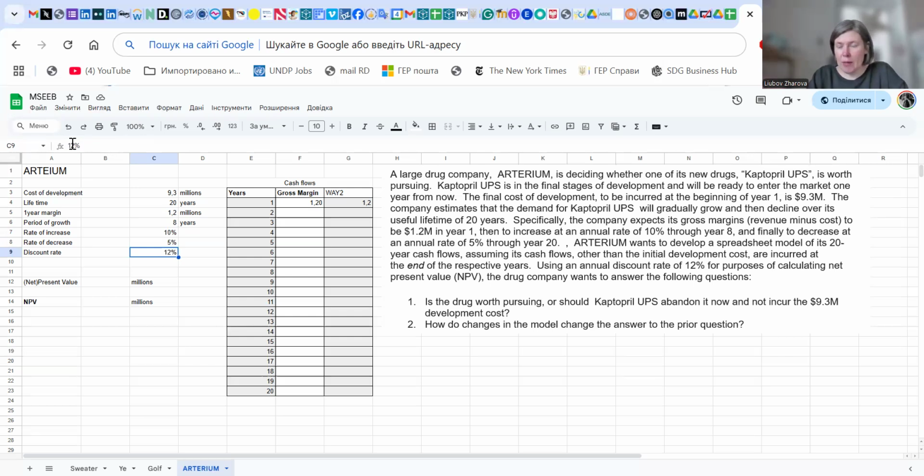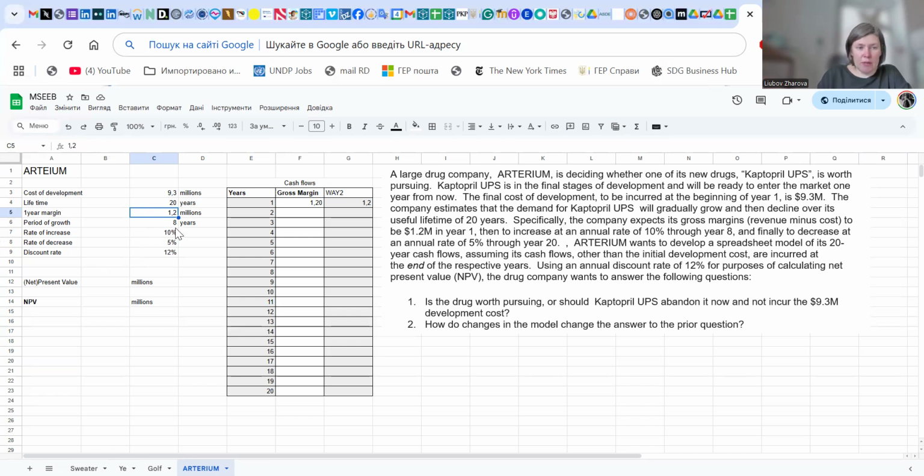Actually, the key question is: is it worth investing $2.9 million to finish this drug and introduce it to the market, or is it better not to? That's the main question. So what we have here already: cost of development, lifetime 20 years, first-year margin 1.2, here in millions, that's important.